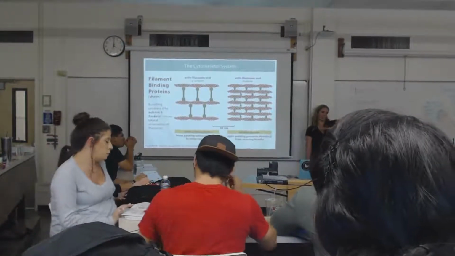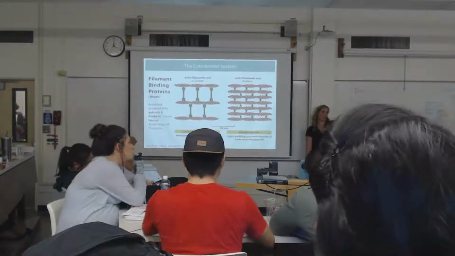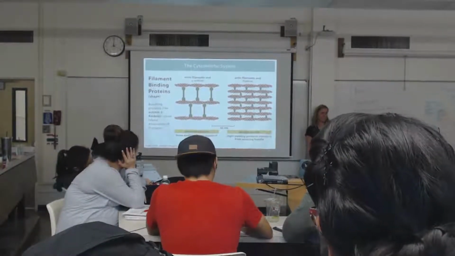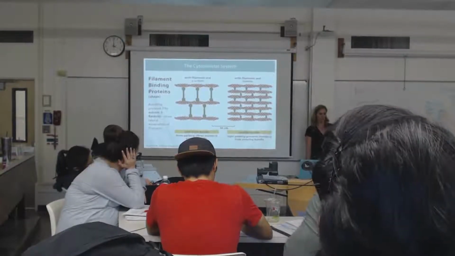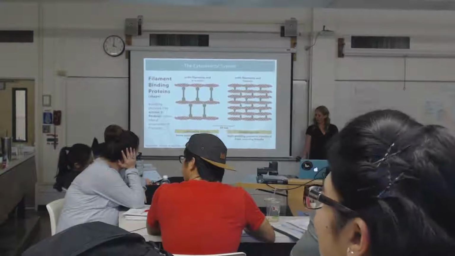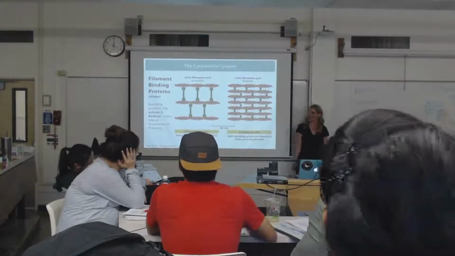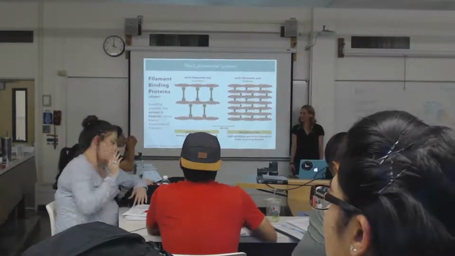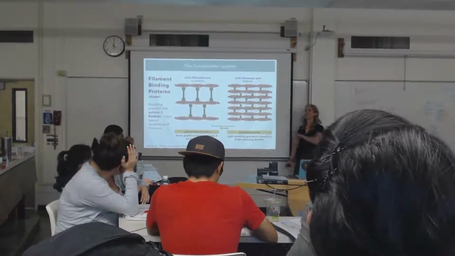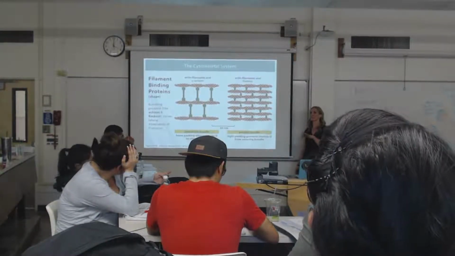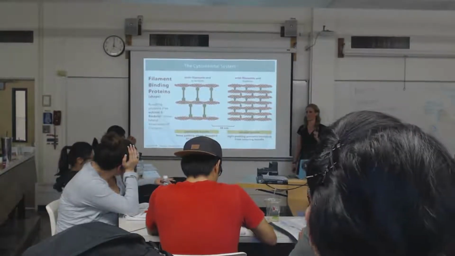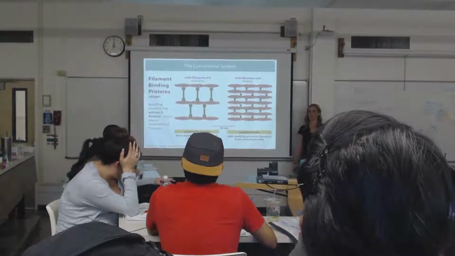The thymosin is the one that prevents nucleation by Arp? Thymosin doesn't prevent nucleation. It slows down and inhibits polymerization.